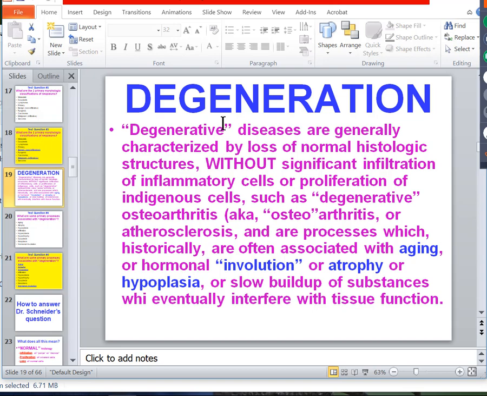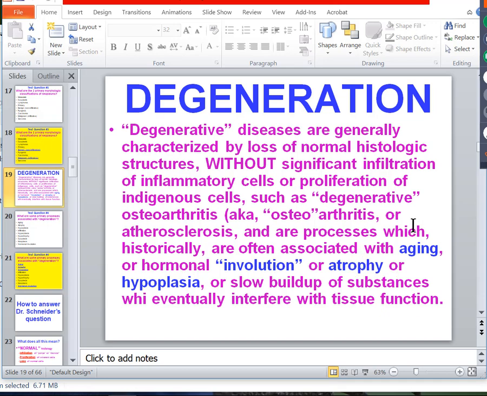So if you look at some of the degenerative diseases like arthritis, for example, or maybe atherosclerosis, which are classically called degenerative processes, they're generally associated with aging or hormonal involution, or loss of the structures which keep cells healthy and multiplying, or loss of cells due to other reasons.